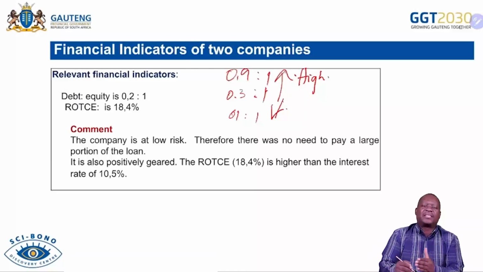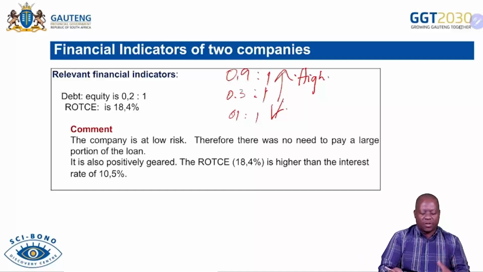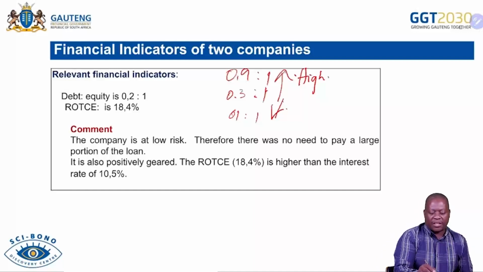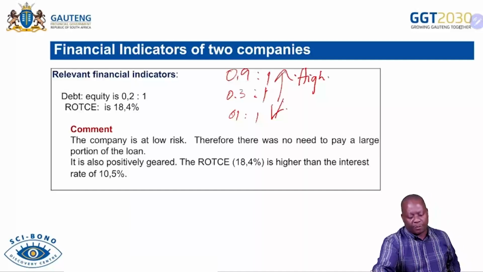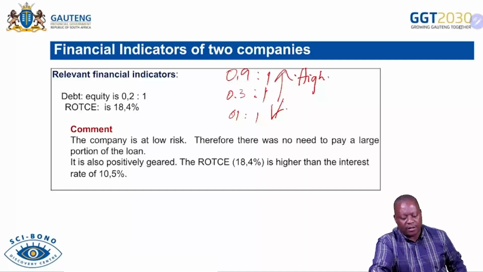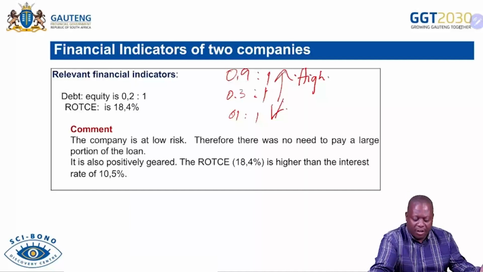And capital is made up of shareholders' equity and the loan that they borrowed. So let's look into what's happening here. When we look into the debt equity ratio, we can safely say the company is at low risk. Therefore, there's no need to pay a large portion of the loan. We are low geared, low risk. Why should we bother and pay?